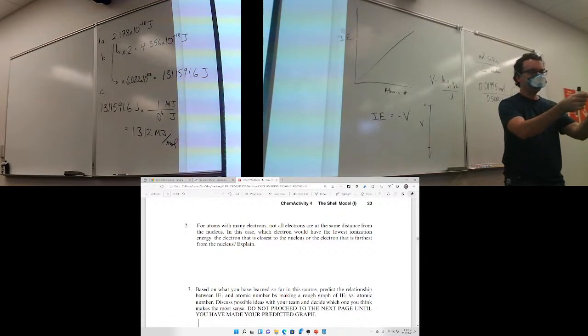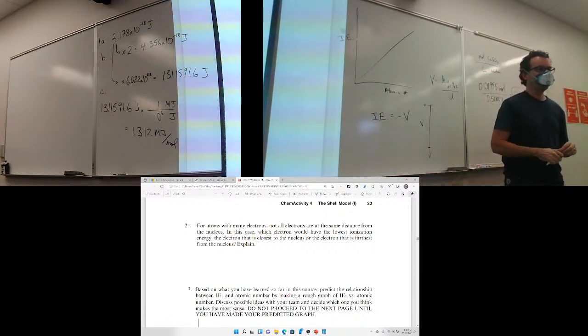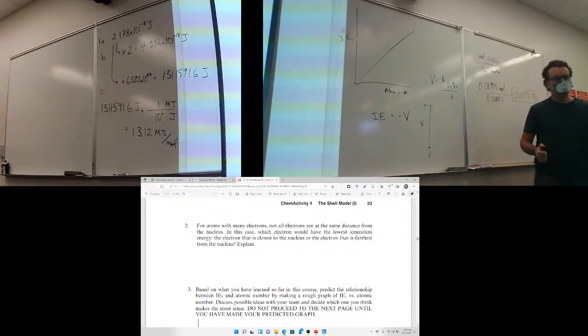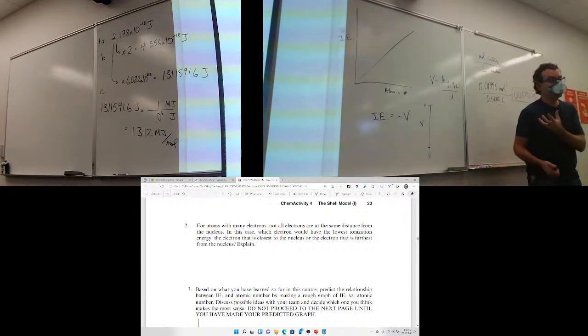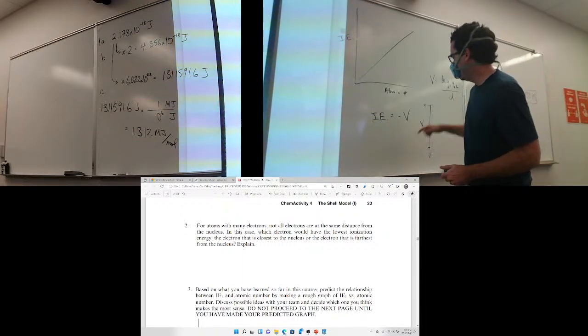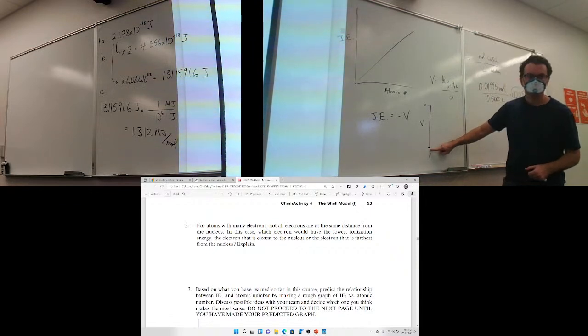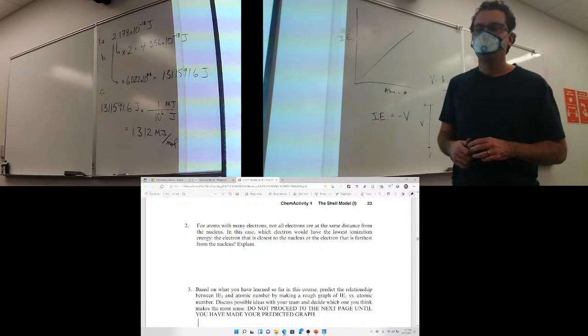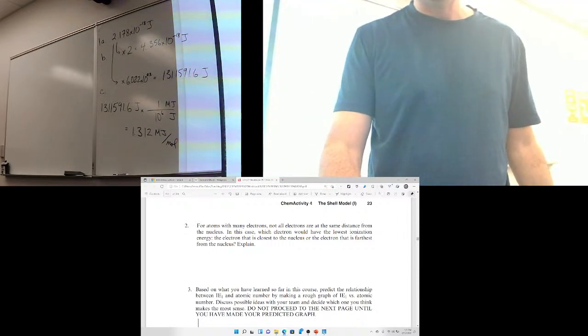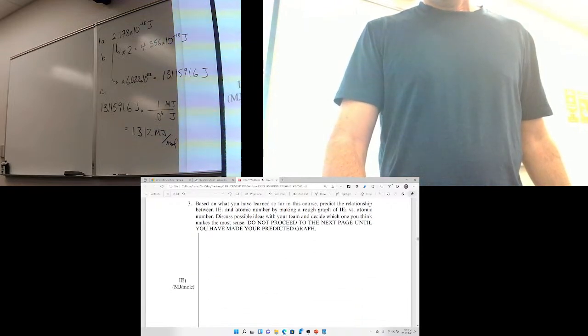But when they're close, it's really difficult to remove that magnet. So ionization energy is the effort you need to remove that electron, and the lower the potential energy, the more effort you need to remove it. So the one that's further away is easy to remove, so low ionization energy. Okay.